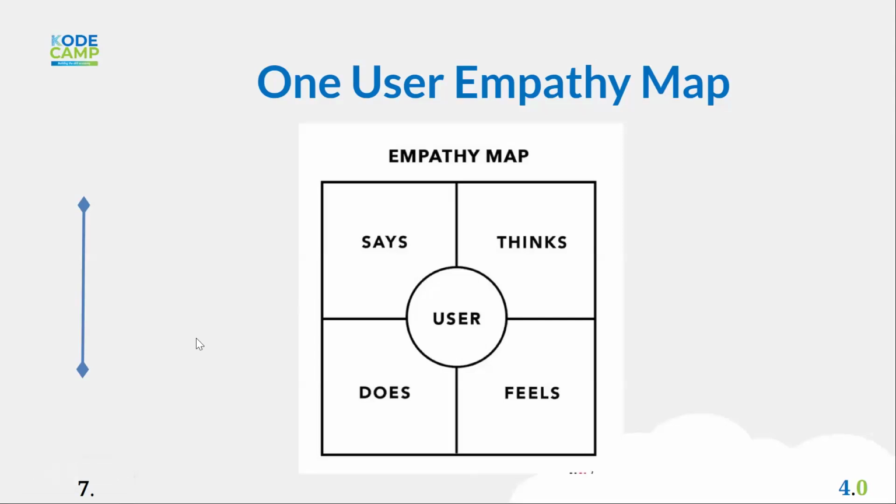You have to ask your user open-ended questions, questions that lead to another question, so you can understand what they are going through. You can ask them, how do you see buying food with a mobile app? What do you think about getting a mobile app where you can order food? Give them room to express themselves. Okay, thank you.